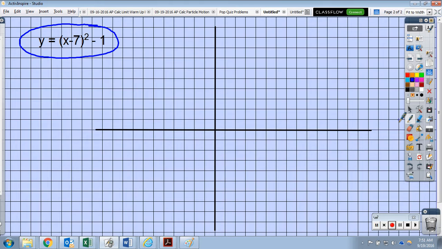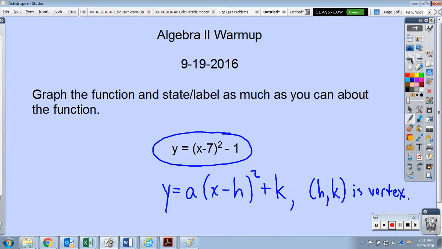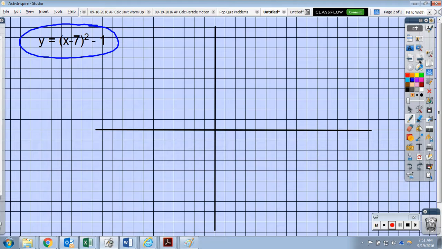So the vertex of this, look here, what would be the vertex? That's a good starting point for these. Other than (7, -1), thank you. Alright, (7, -1). So 1, 2, 3, 4, 5, 6, 7, -1.